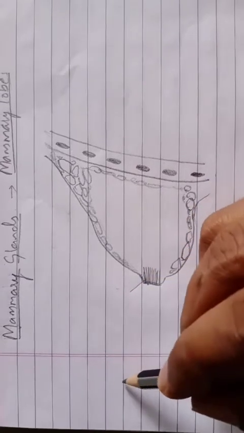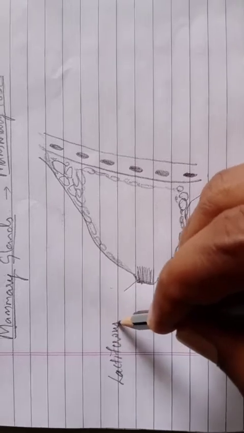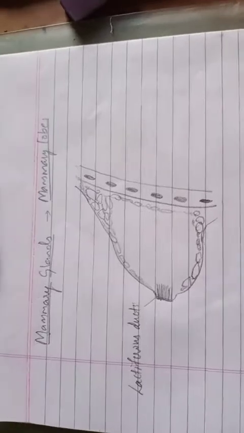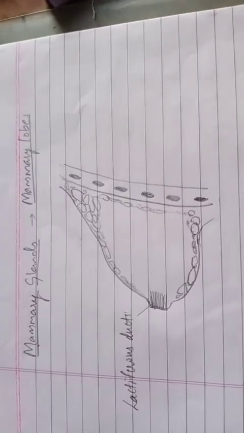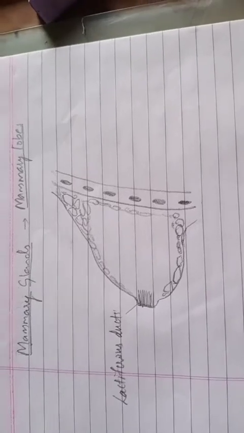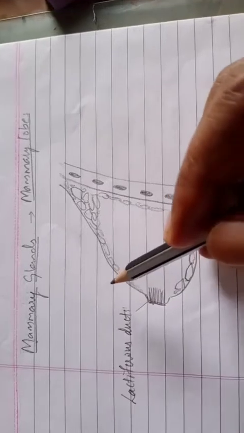So we can label this part lactiferous ducts, right? The lactiferous ducts help to eject the milk out of the nipple.